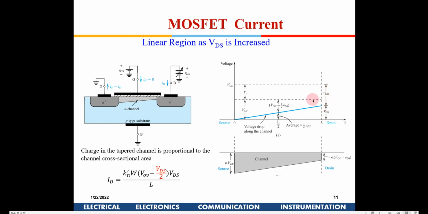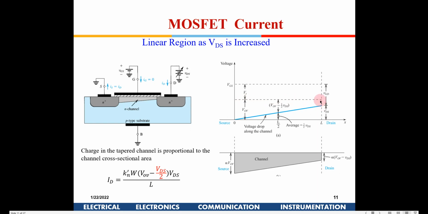If you see from this dotted line to here, this is VGD minus VTH. This is VTH, right? This much minus VT. So this is the overdrive voltage, from the VT line to this VDS line. So this is the overdrive voltage available at the drain side.